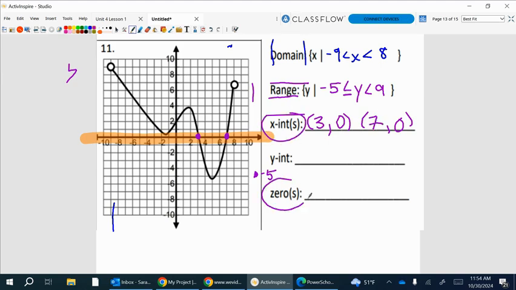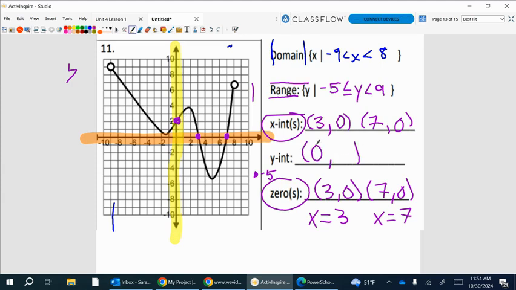X-intercept and zeros are the same. So I write it again. Or I can write it like this. Then I switch. There's my y-intercept. X is always 0. That point is 2.